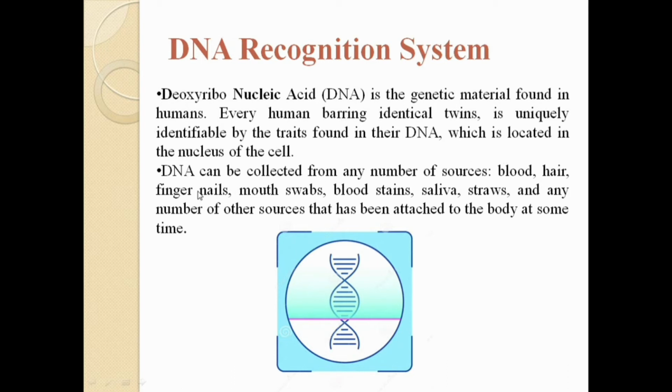DNA can be collected from any number of sources: blood, hair, fingernails, mouth swabs, blood stains, saliva, straws, and any number of other sources that have been attached to the body at some time.